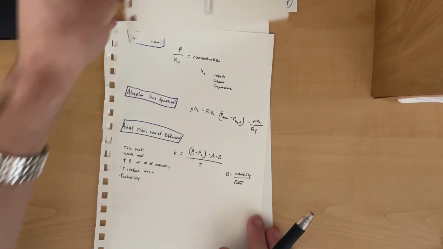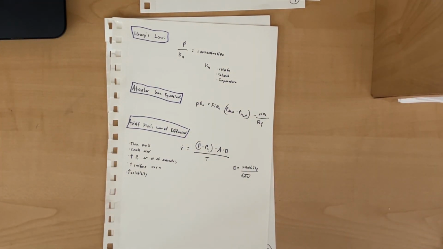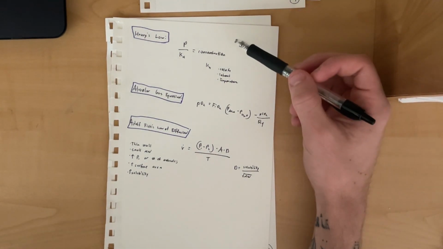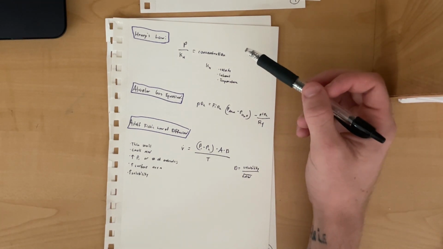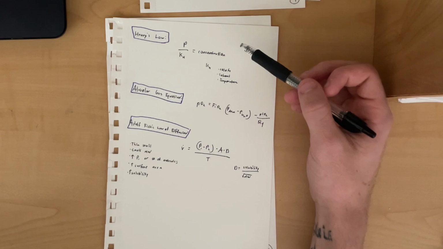And so when we think about that, that's the reason why we have these three physical chemistry laws that relate to oxygen diffusing into water, because that's exactly what is happening, right? So the first one is Henry's law. Henry's law has to do with the solubility of oxygen into a liquid.